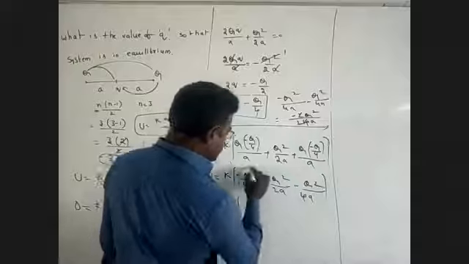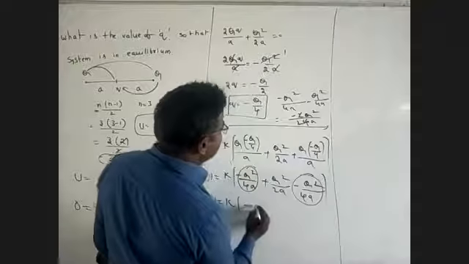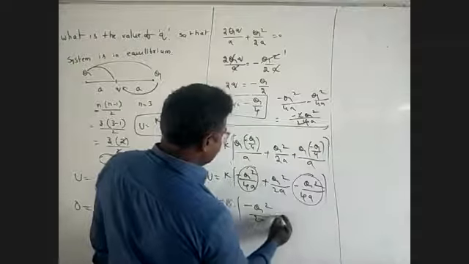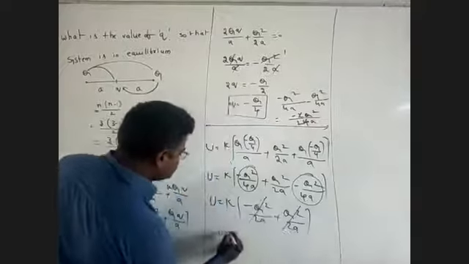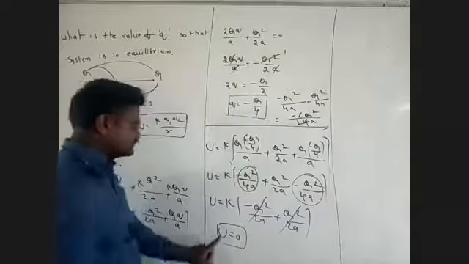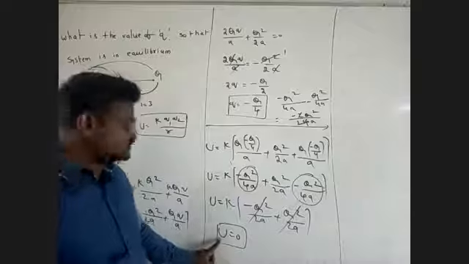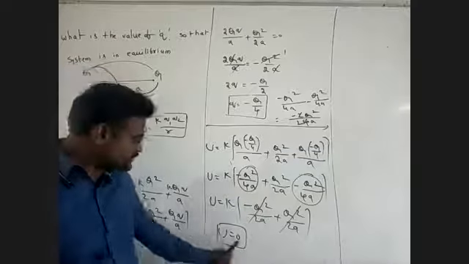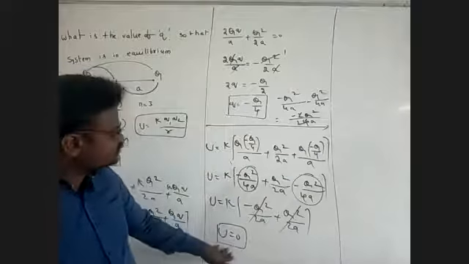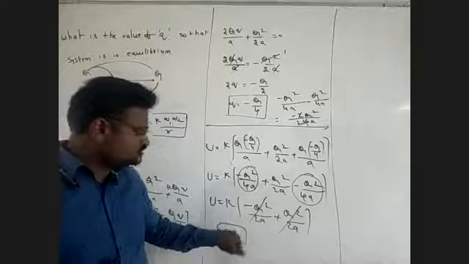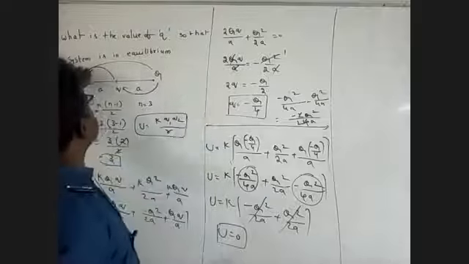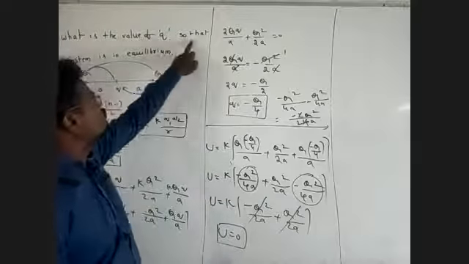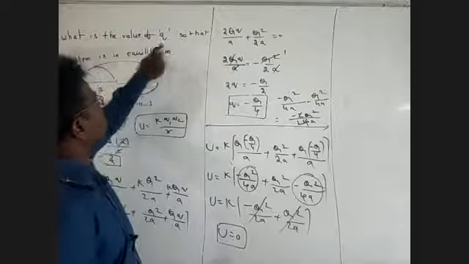This value, minus Q square by 2A, plus Q square by 2A, what is the value? The value is 0. This is the total energy of the system, and it is 0. When U is equal to 0, the system is in equilibrium.